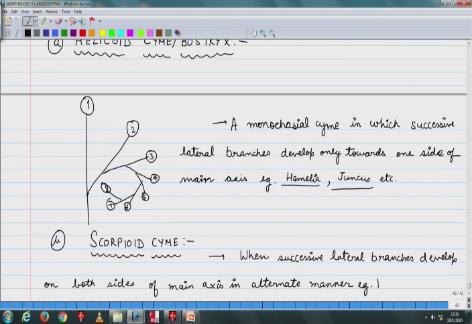Example is heliotropium. Heliotropium is a really very beautiful example of this. I'll show you in the next class with some images.